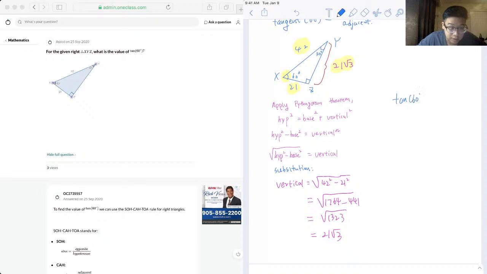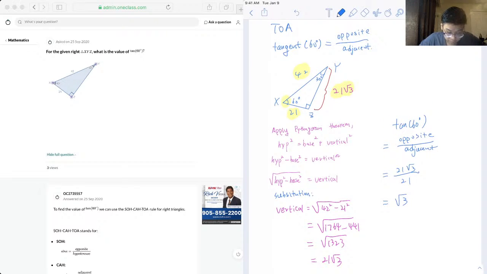So the tangent 60 is equal to opposite over adjacent, which in this case our opposite is 21 root 3 and our adjacent is just 21. So we have our tangent 60 degrees as root 3.